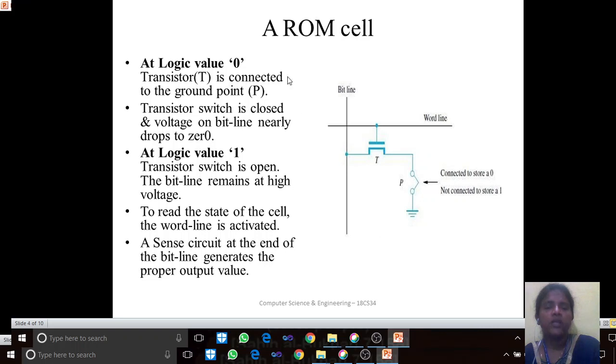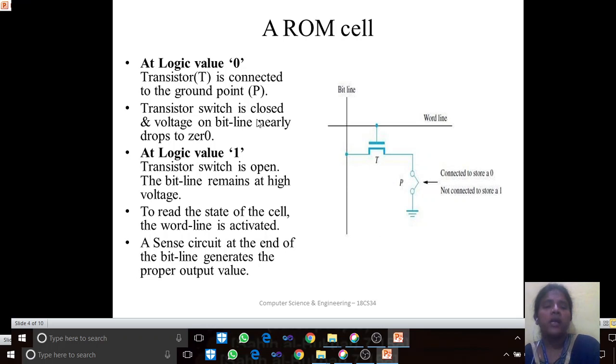Now let us look into the ROM cell. What does it contain? It contains a transistor and the point P, which is connected to the ground. If it is connected, it stores a value 0. If it is not connected, that means if the point P is open, it will store the value 1.